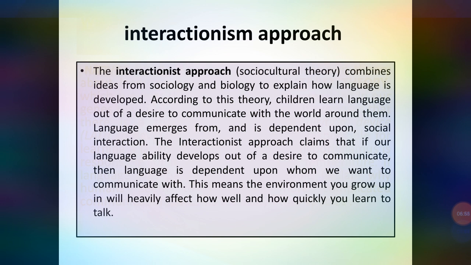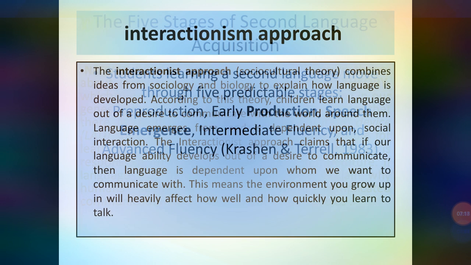If our language ability develops out of a desire to communicate, then language is dependent upon whom we want to communicate with. This means the environment you grow up in will heavily affect how well and how quickly you learn to talk.